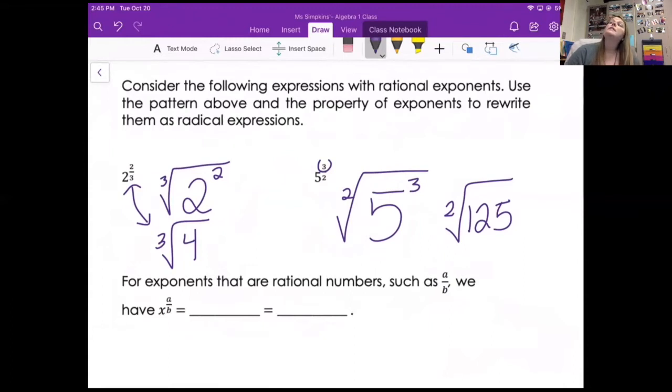Okay, so let's make like a general statement. If we have something raised to a fraction, we can rewrite that something under the radical and make the denominator the root and the numerator the exponent. I'm still on the same page. I'm just going to rewrite.